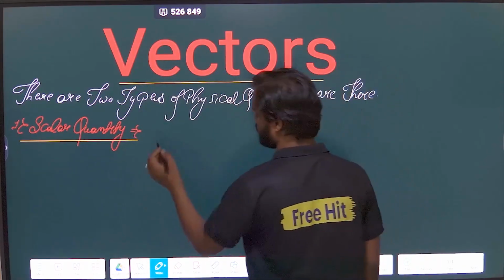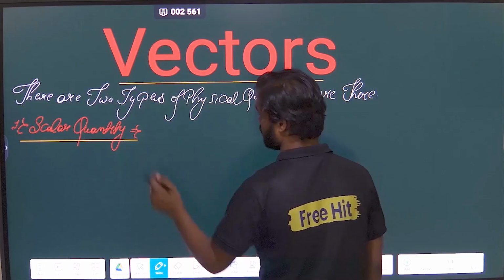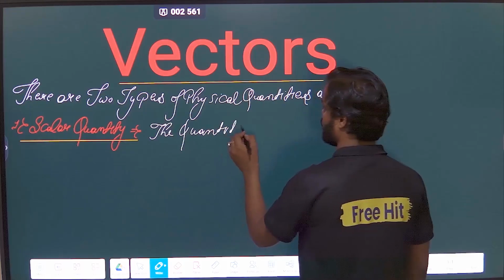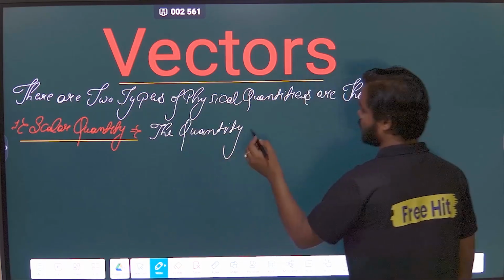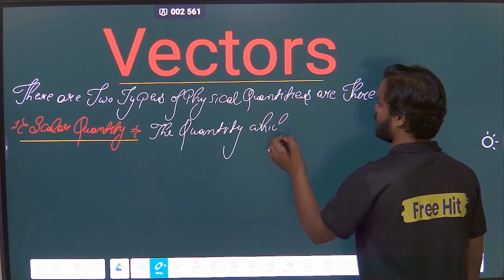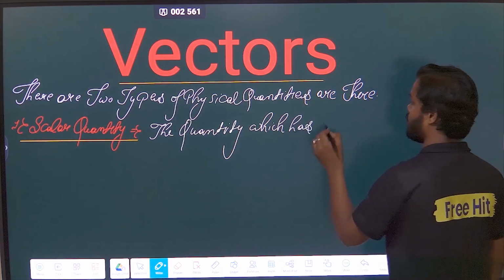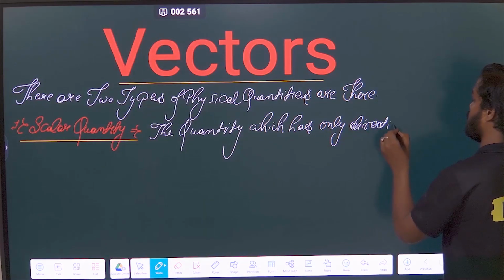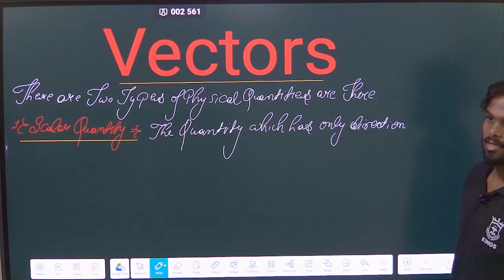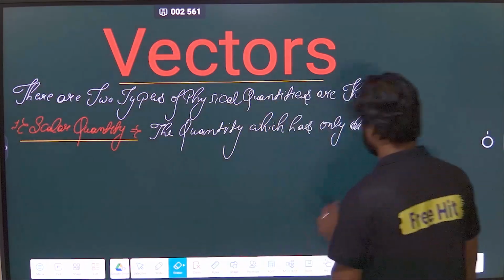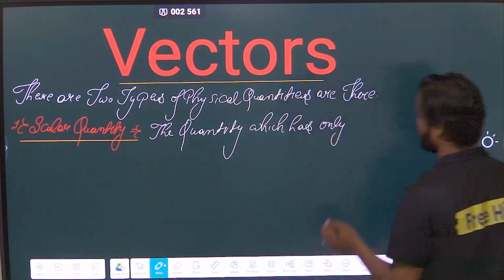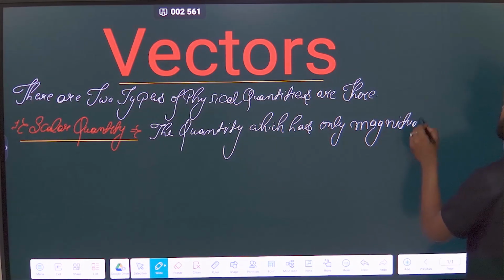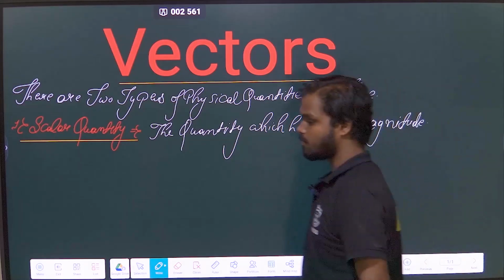The quantity which has only direction. Sorry, it's my mistake. Which has only magnitude, not direction. The quantity which has only magnitude, that is called a scalar quantity.